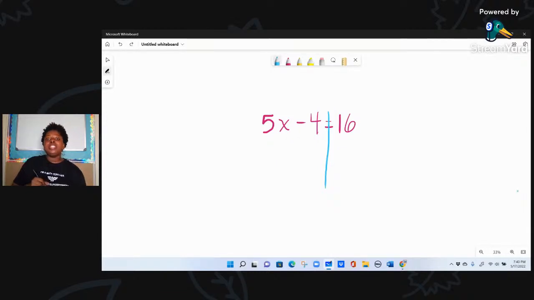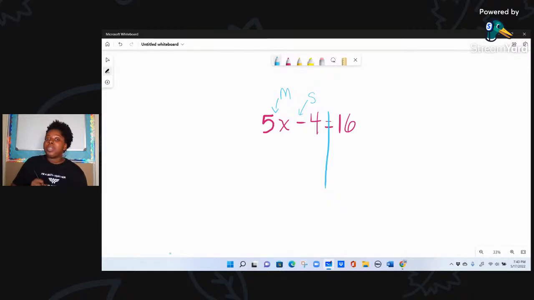Again, I have multiplication here. That 5 is being multiplied with the x, and then we subtract 4. The last thing we do, which is the subtraction, is the first thing we take care of because we're working backwards. Instead of subtracting 4, I need to do the opposite.